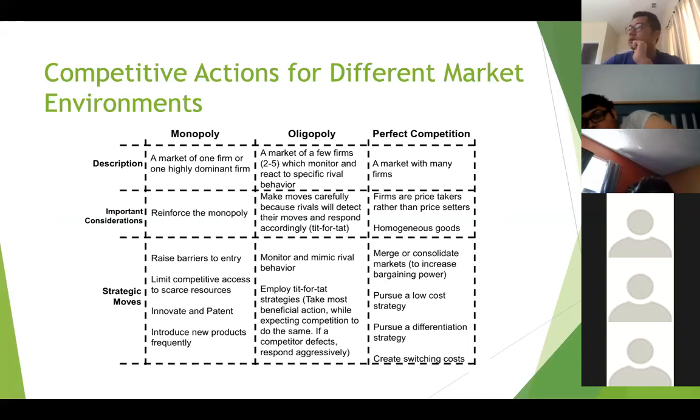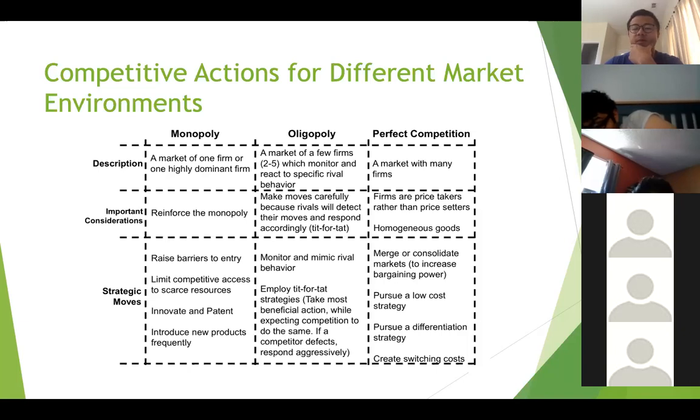The last one for chapter 11 is competitive actions for different market environments: monopoly, oligopoly, perfect competition. The chart shows every detail very well, and you can check out this table when you have a review.